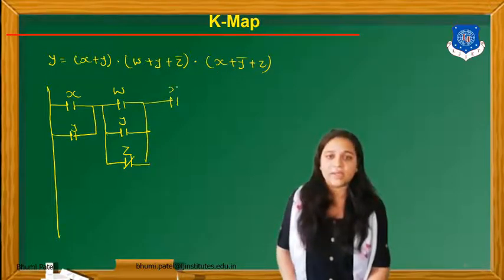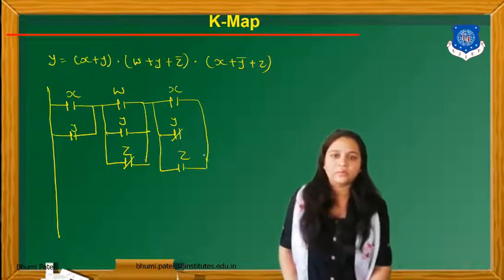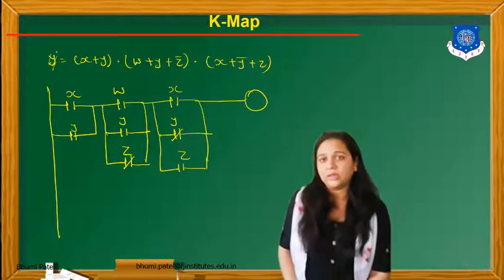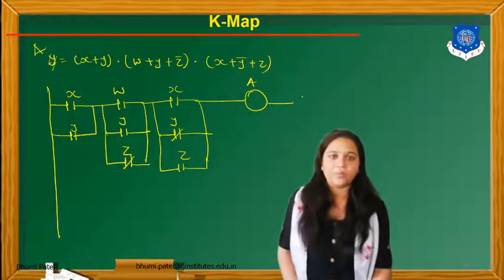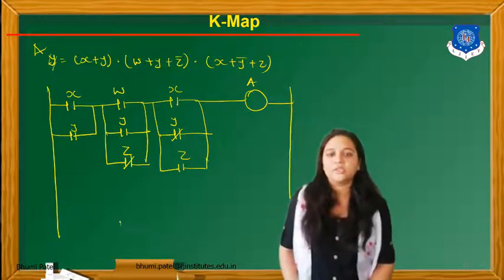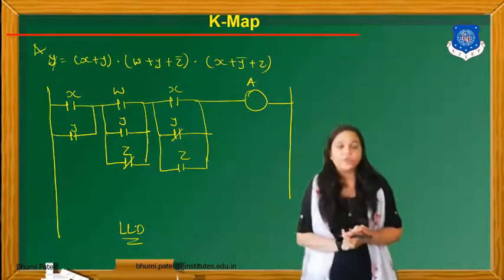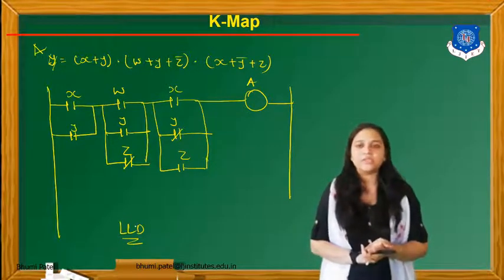So this is my x, this is my y complement, and this is my z as a normally open contact. Here Y is my output. You can take the name of the output as A. So A is my output signal. Okay, so this is the ladder logic diagram for this particular K-map. So using the equation, we can easily draw the ladder logic diagram.